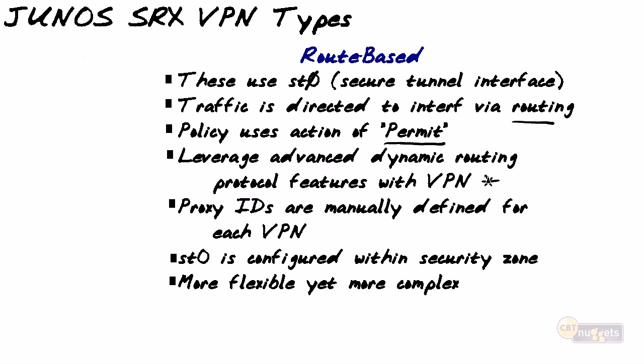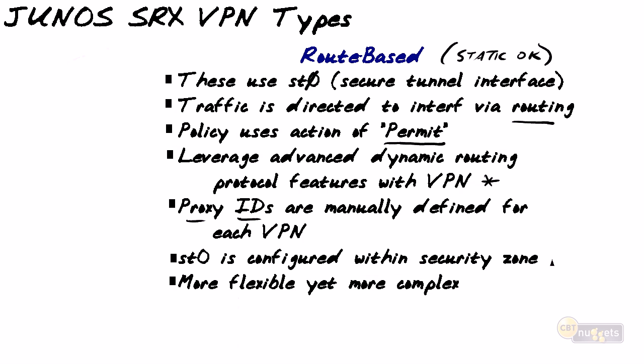And by the way, you don't have to use dynamic routing protocols. You could use static routes, okay, and still use a route-based option. So let's go ahead and just jot up here static. Usually though, you're going to go with the dynamic routing protocol. You're going to have proxy IDs as well. These will be manually defined for each VPN, and your ST0 is configured within a security zone.